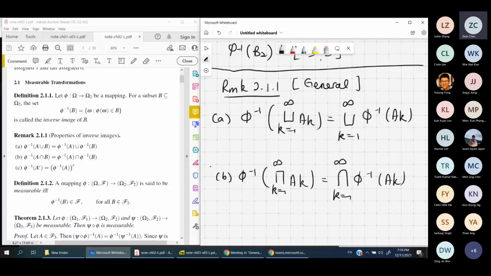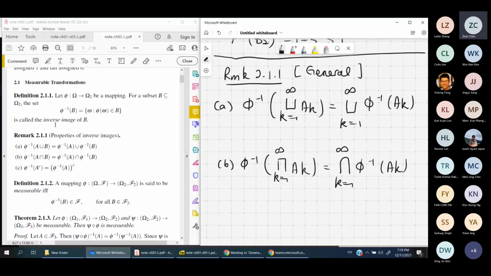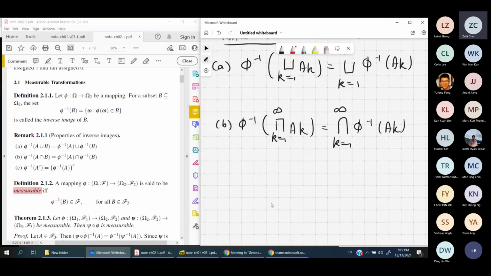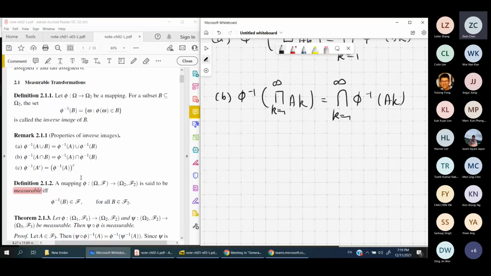Okay, so next, come to here. For the next definitions, we need to apply some of the techniques for this inverse image. That's the reason why we consider Definition 2.1.1 and Remark 2.1.1 here. This is the so-called measurable function. A mapping φ from (Ω1, F1) to (Ω2, F2).